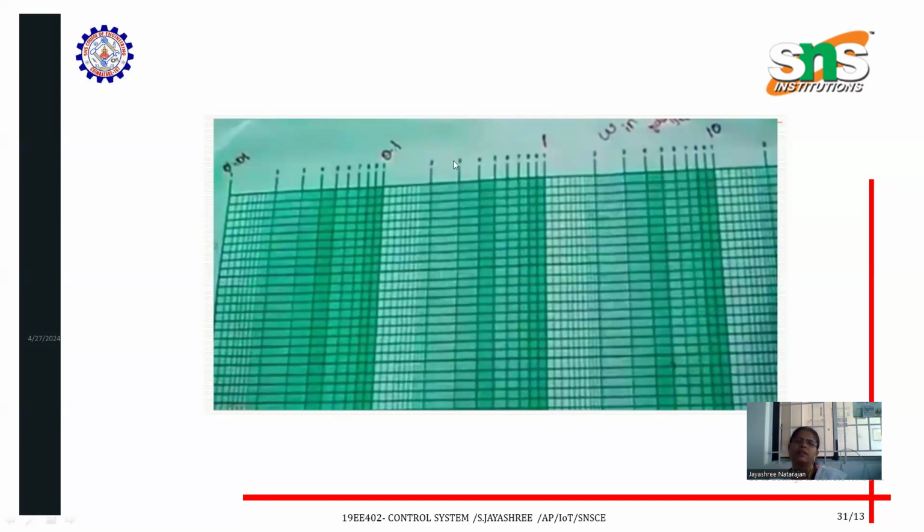The x-axis is divided from 0 to 10, 0 to 10, 0 to 10. So you can take 0.01, 0.1, 1, 10 in terms of a 10 scale.